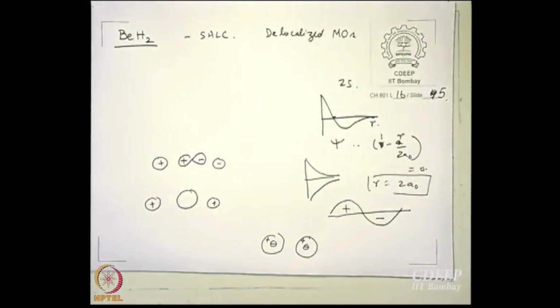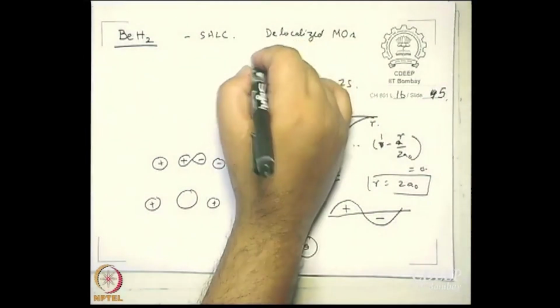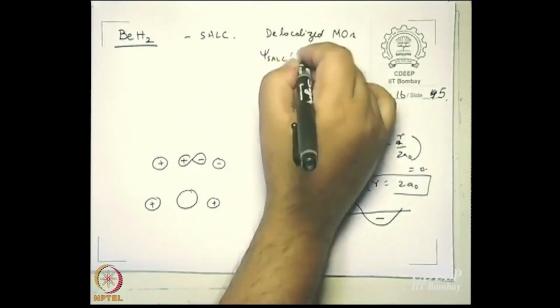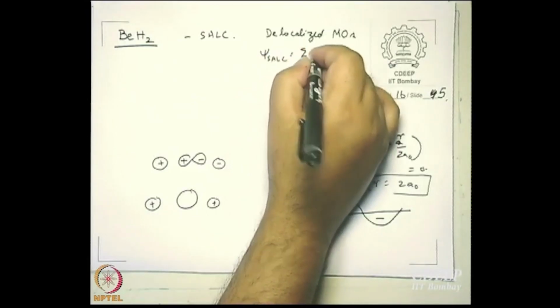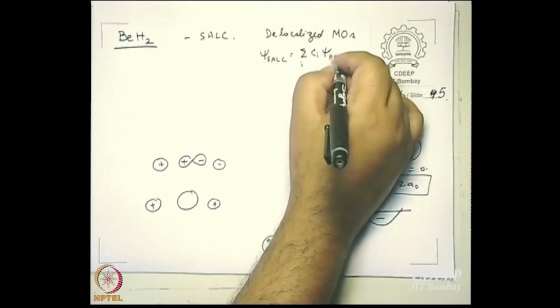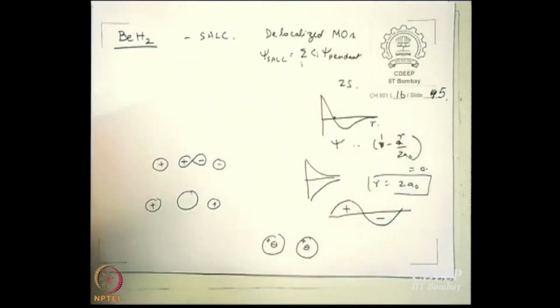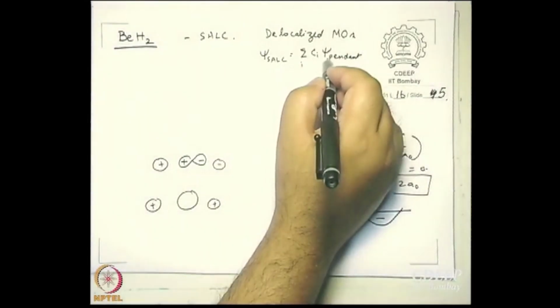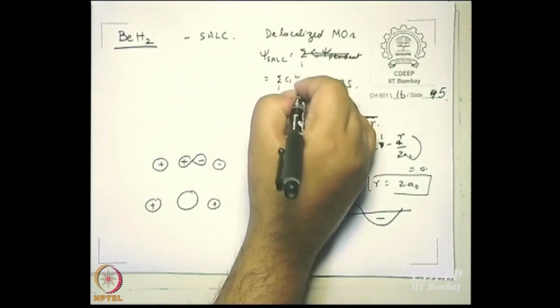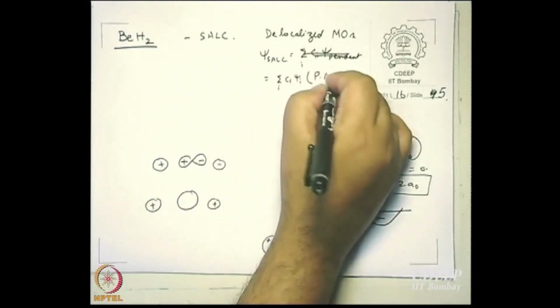So now what we are saying is, first of all, we will construct the SALCs. What are the SALCs? I will write like this: psi SALC equal to the sum over i of Ci psi i of the pendant atoms, I will just write Pa.